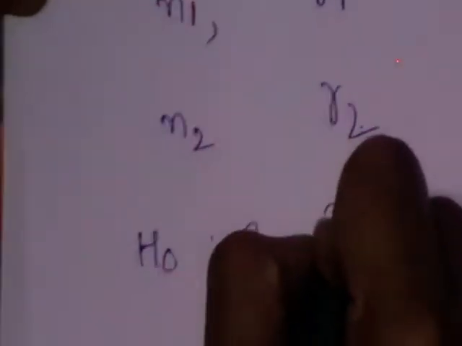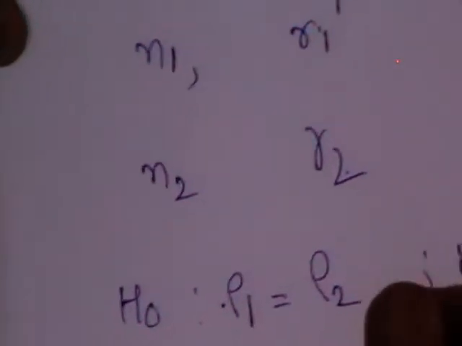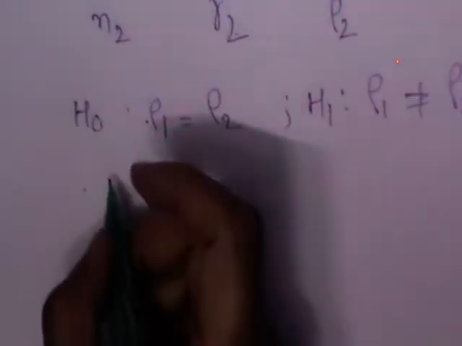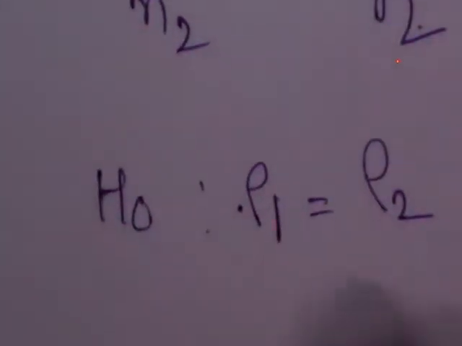What is H0 here? There is no significant difference between the two population correlation coefficients, that is rho 1 equals rho 2, and H1: rho 1 not equal to rho 2. Here the test should have two transformations, as you have two samples. Z is 1 by 2 log (1 plus r) by (1 minus r).